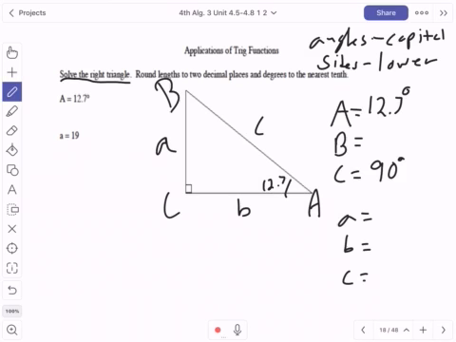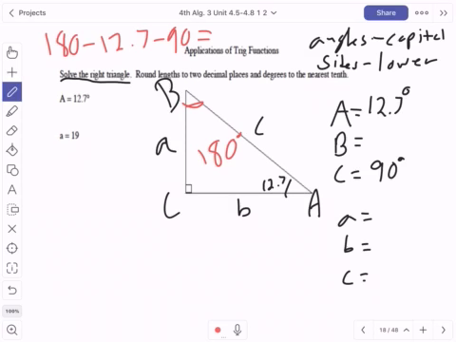Think about it. That's right, 180. When you add up all 3 angles, it gives us 180 degrees. So the way we find this is we do 180 minus 12.7 minus 90.